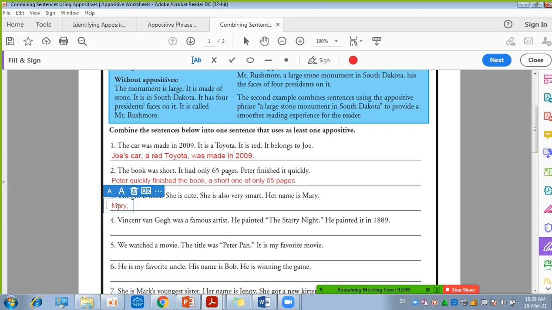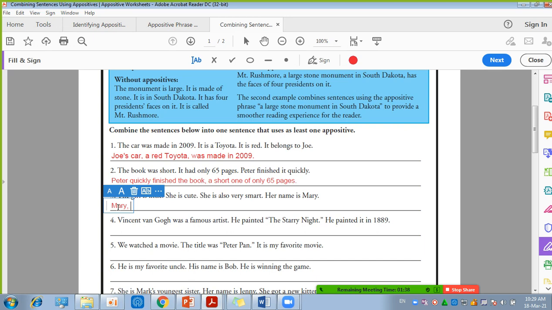Yes. The little girl. And what about cute? Wait a minute, yes. Okay, say it. Okay, I will say it then. Mary, the little girl, is cute and also very smart. Oh, okay, fine, accepted.